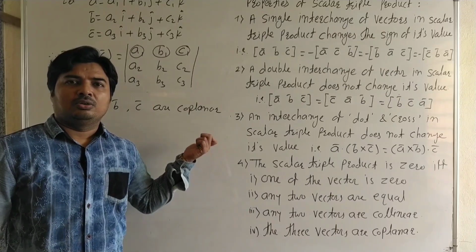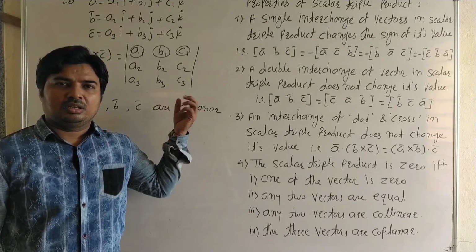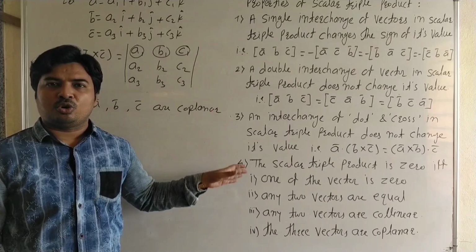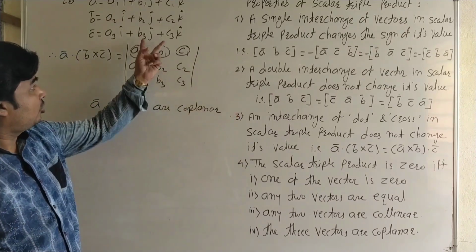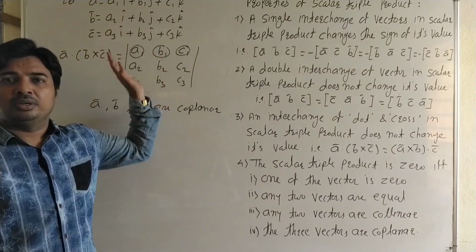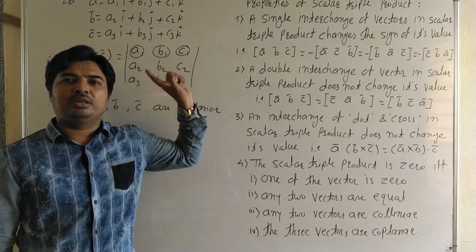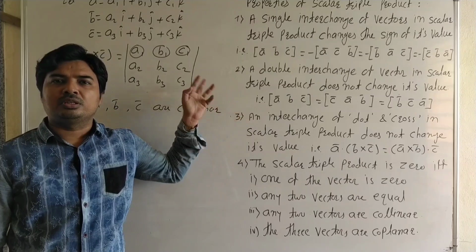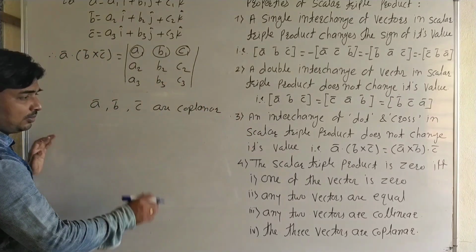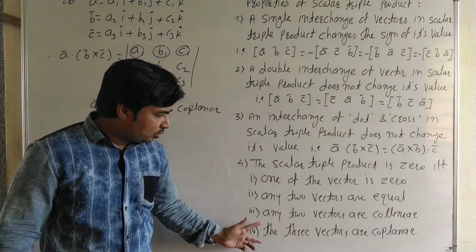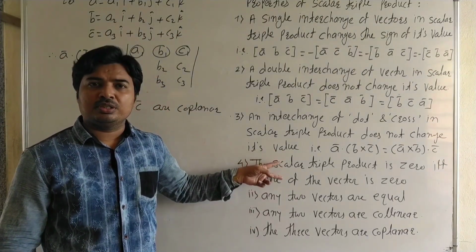We ask whether the given vectors are coplanar or not. We just find the triple product of these three vectors. If the triple product is 0, then the vectors are coplanar, and if the triple product is not 0, then the vectors are non-coplanar. If the three vectors are coplanar, then the triple product is 0.